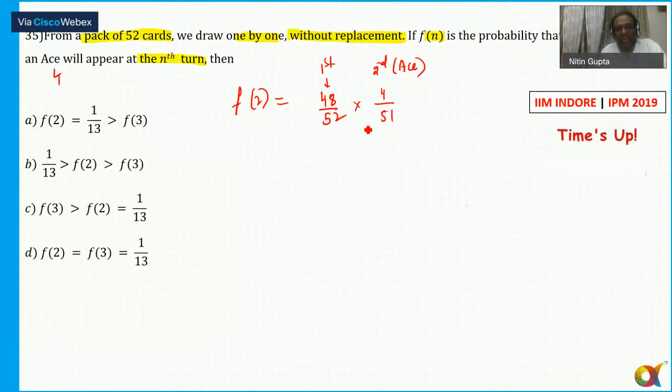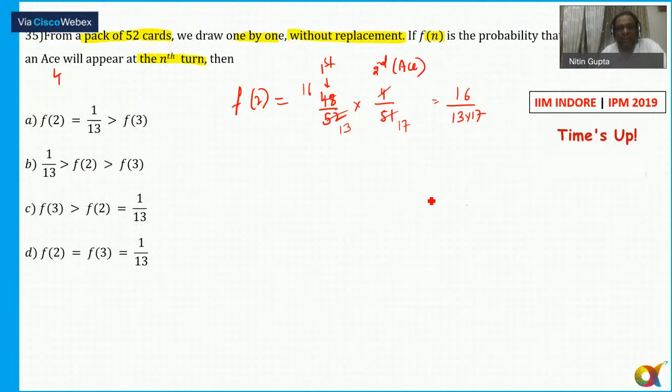Now let's try to solve it. What is this value equal to? If I solve it, 4 into 13 is 52, so I'm getting 48 by 51 into 4 by 52, or let's see if we cancel, 3 into 17 is 51. Now this is the value of F2, which equals 1 by 13.